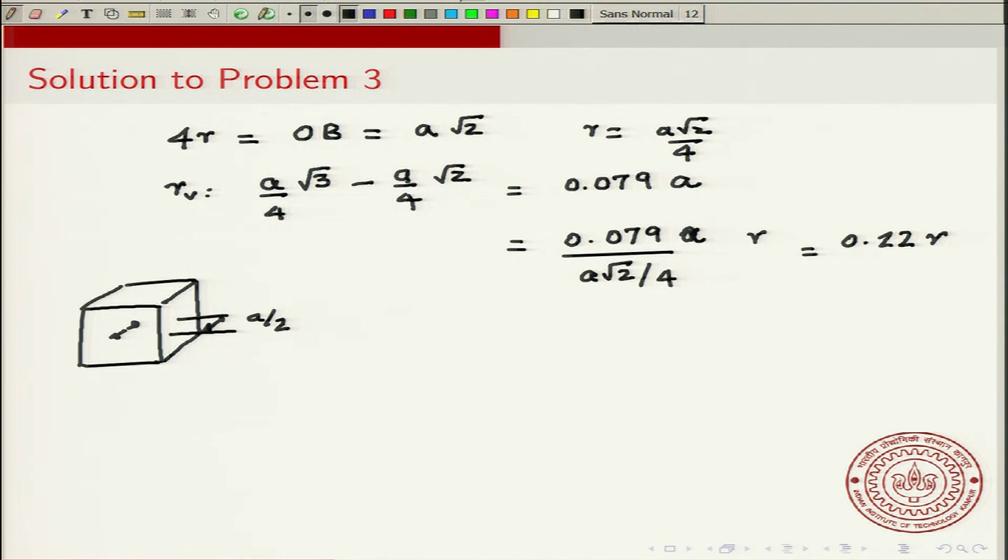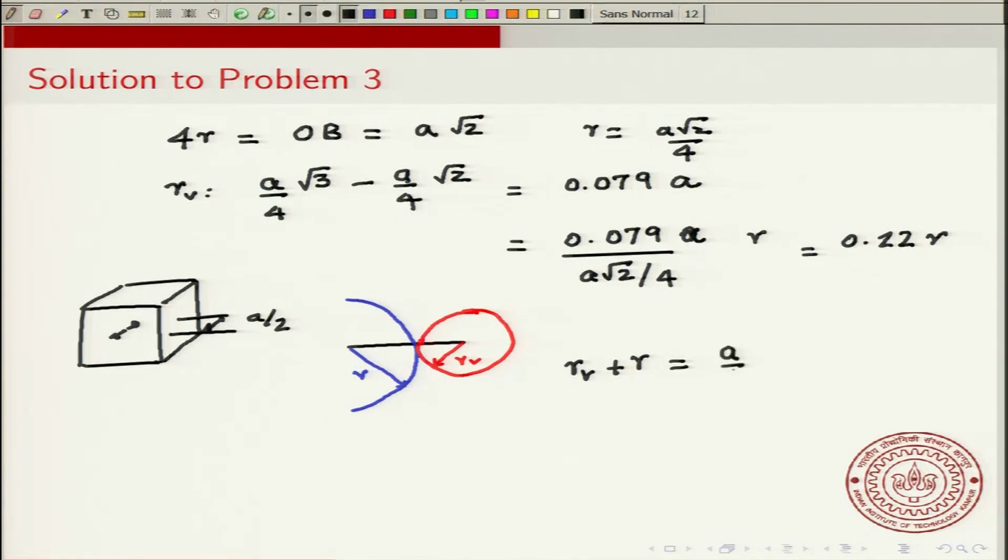Okay, and so along that line you can clearly see that A by 2 should be equal to the radius of the void plus the radius of the atom. So clearly, for the octahedral void, RV plus R is equal to A by 2.